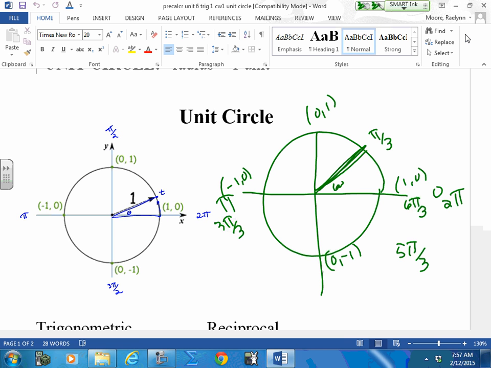So where do I find 5 pi over 3? Fourth quadrant, right? It's 1 before the 6, right here. Fourth quadrant. Where do I find, which we did before, 4 pi over 3? 3. And that also made us a 30 degree, one of our 30 degrees, but that's okay. We usually go by 60. Where do I find 2 pi over 3? Second, look, that makes a bow tie too.